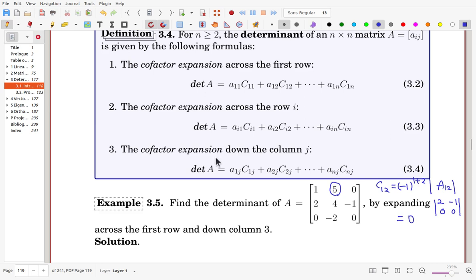Also, this cofactor expansion can be made down a column, any column j: first column, second column, third column, it doesn't matter. If you compute the determinant, it will always be the same.